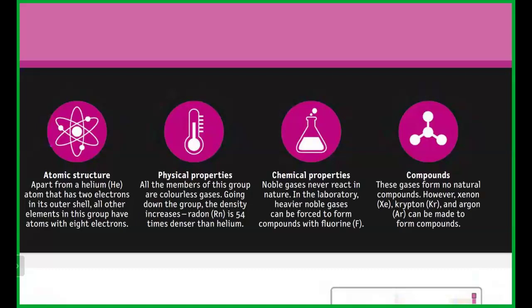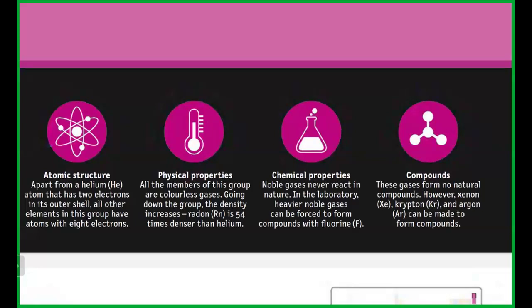Anyways, and then the compounds right here, the gases form known natural compounds. So most of them are natural. However, xenon, Xe, krypton, and argon can be made to form compounds. So technically, argon, krypton, and xenon are in the third to fifth period. And based on what I've studied in high school, helium and neon don't have any compounds, meaning that we found them in pure form in nature.